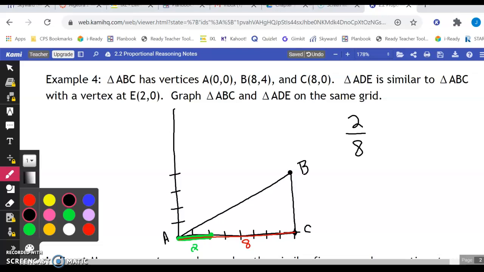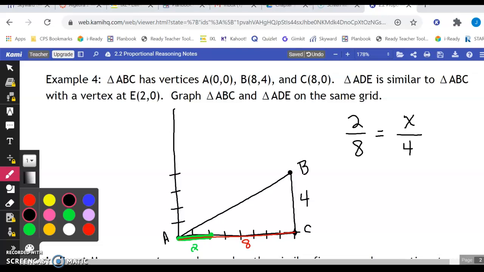Now we need to figure out how tall our small triangle is going to be, but we do know that our bigger triangle is 4. So if I set up another ratio, the big triangle was the distance of 8, so the height has to go at the bottom so that the big triangles are lined up in the same spot in our proportion. So we're trying to figure out what that is.